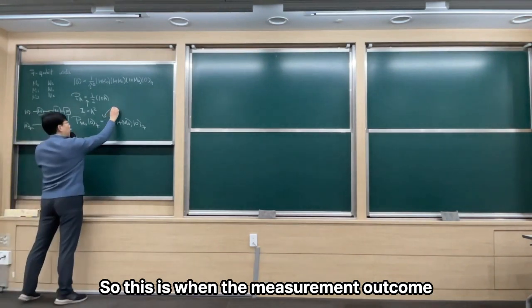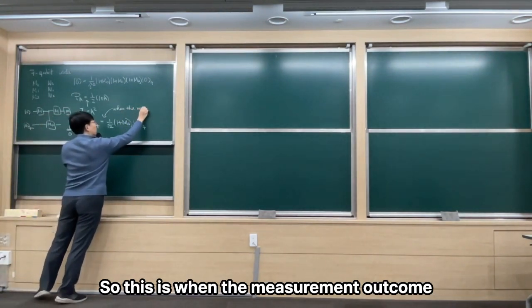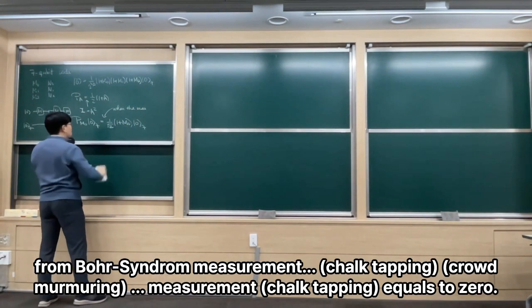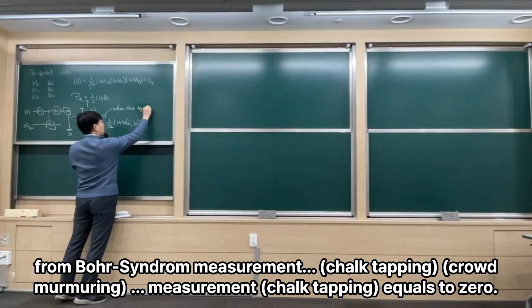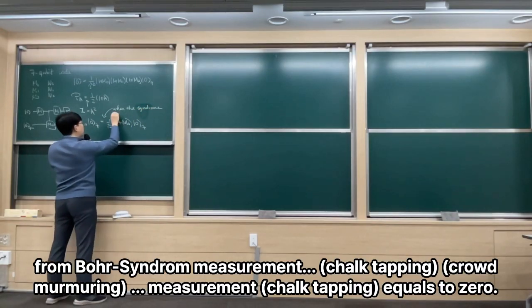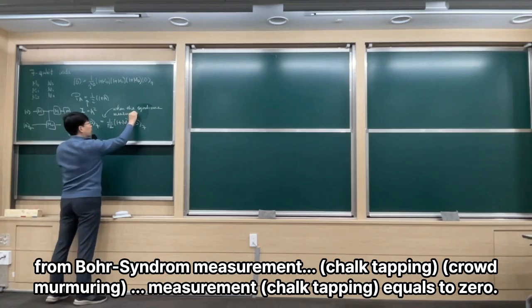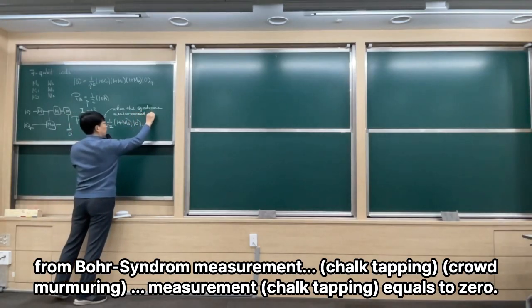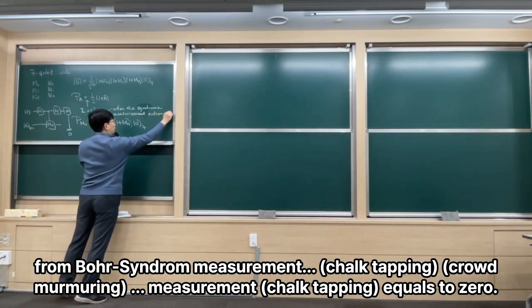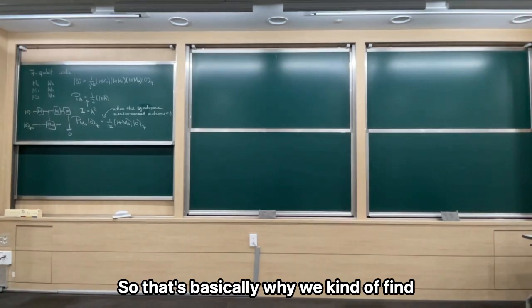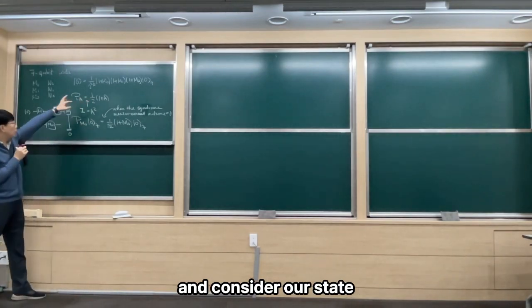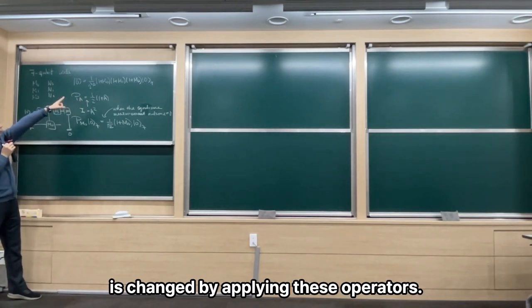This is for when the syndrome measurement outcome equals 0. That's basically why we consider our state changed by applying these operators.